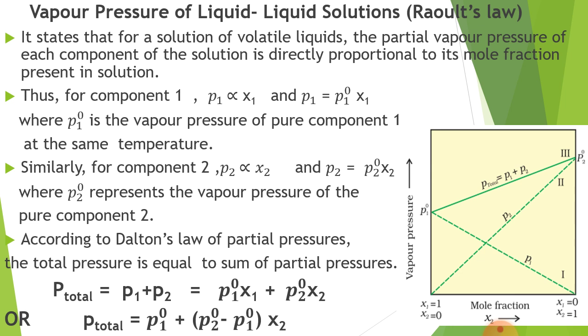In this chapter we have generally focused on binary components, that is, the solution contains two components. That's why the total pressure is equal to P1 plus P2. And as you know, P1 equals P01 x1 and P2 equals P02 x2.